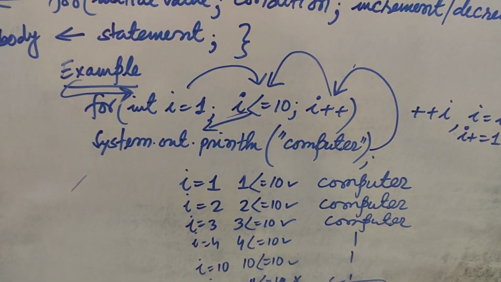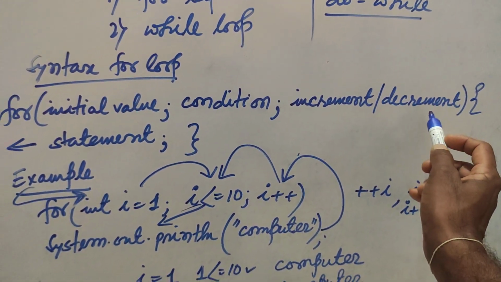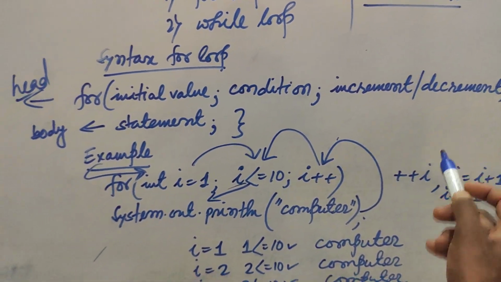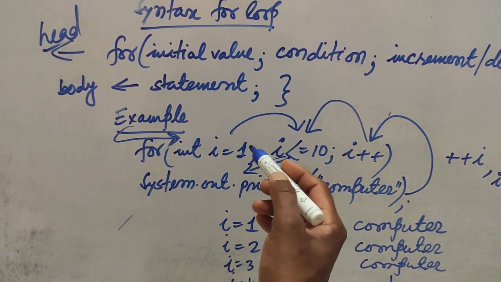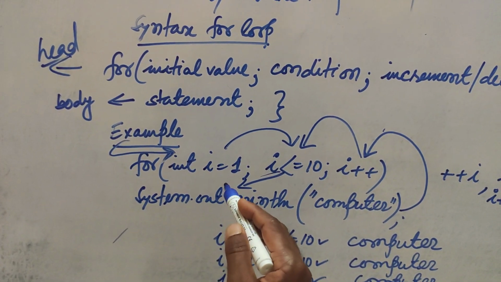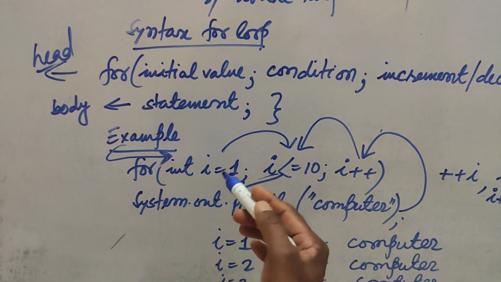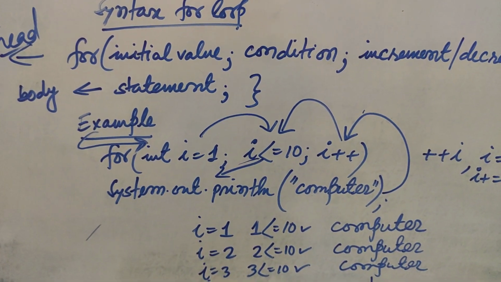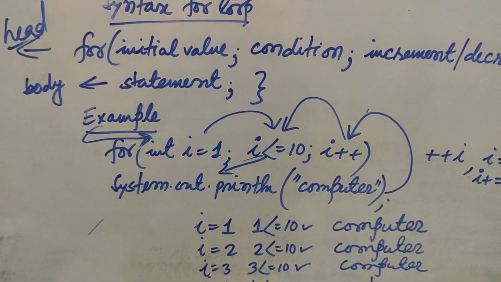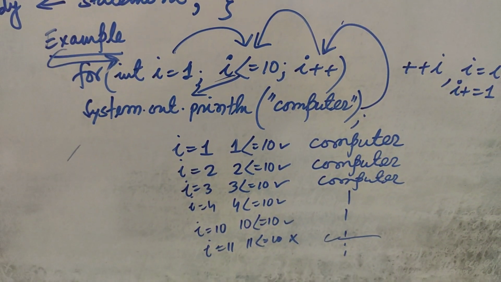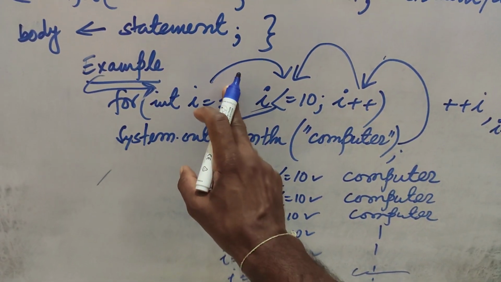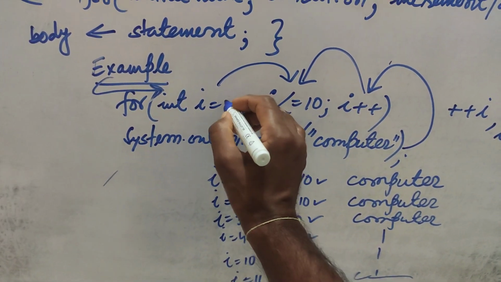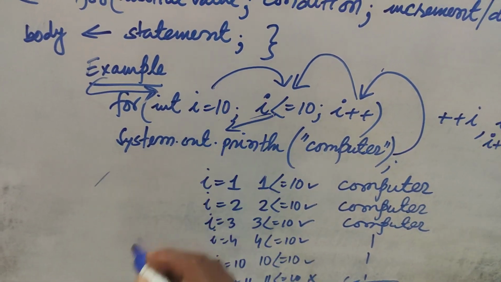Clear? So now here it is written decrement operator. When decrement operator? See, initial value anything we can give. Maybe it is 1 to 10. If I give here 2, then 2 to 10. If I give 5, then 5 to 10. Like that way it will work. Now see, if I give 10, now I want to display the word computer 10 times.